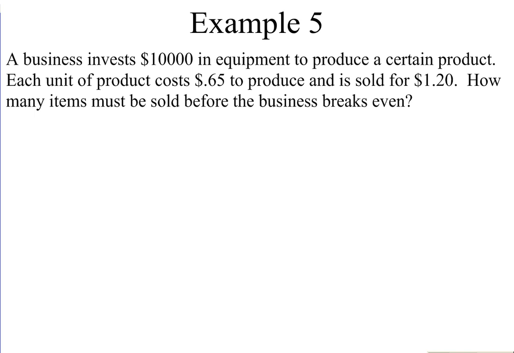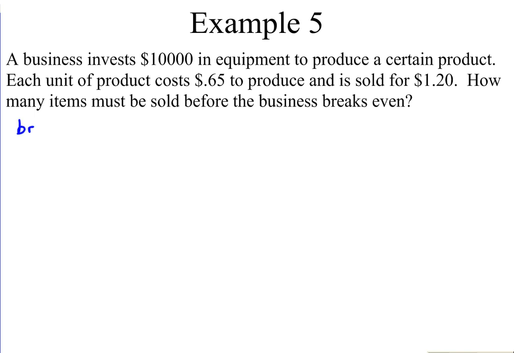Number 5. A business invests $10,000 in equipment to produce a certain product. Each unit of product costs 65 cents to produce and is sold for $1.20. How many items must be sold in order for the business to break even?